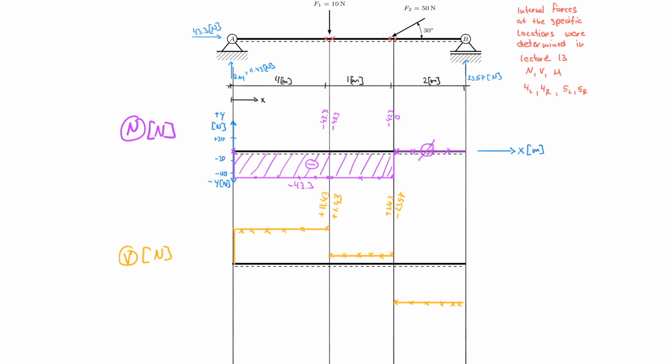Then if I reach the next instance where I have a jump in the force, I have to go down, and I do the same thing here. And then, similar to my logic right here, I have to end up at 0 here as well. I cannot keep this open because the value has to go back to 0.